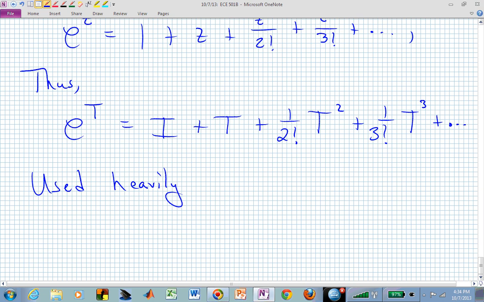Control for one, maybe quantum mechanics. It's used heavily in, let's say, advanced topics.